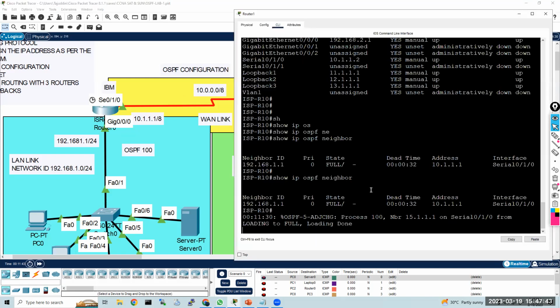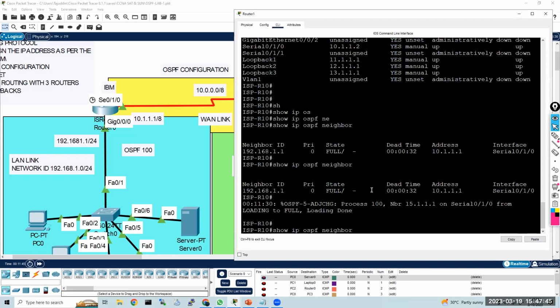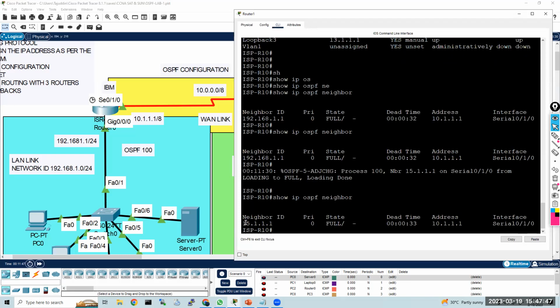Now we check this side. Now we can see it's showing the 15 network. Previously it was showing 1.1.1.1 as my neighbor because loopback is considered first. This is how the selection of DR and BDR works in the lab.